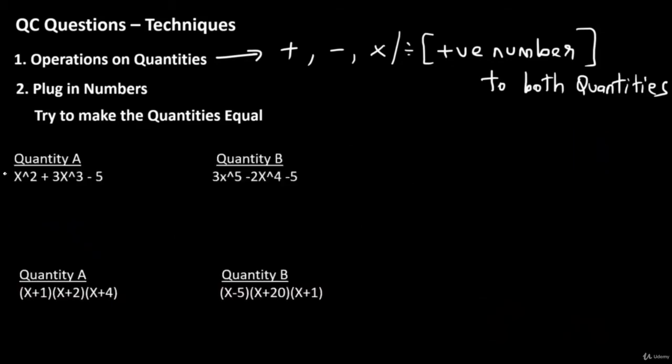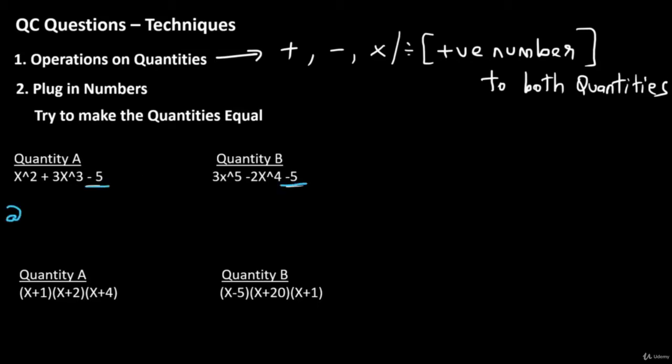All right, so over here I have a question. Quantity A is x square plus 3x cube minus 5 and quantity B is 3x to the power 5 minus 2x to the power 4 minus 5. All right, now over here you can see that I have a constant term minus 5 and minus 5 in both the cases, and all the other terms have x.